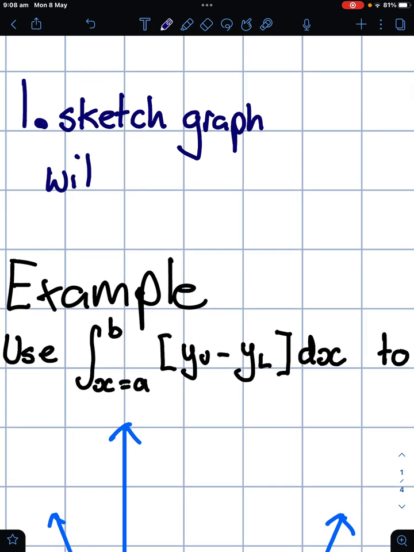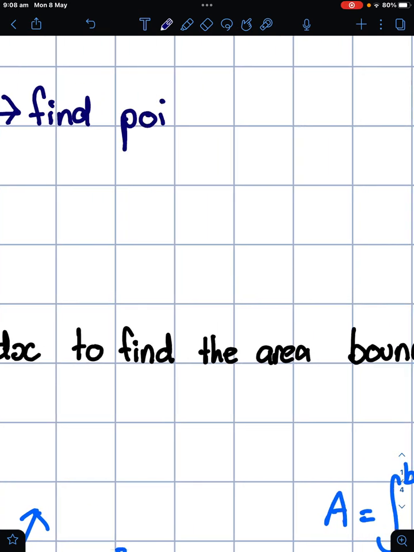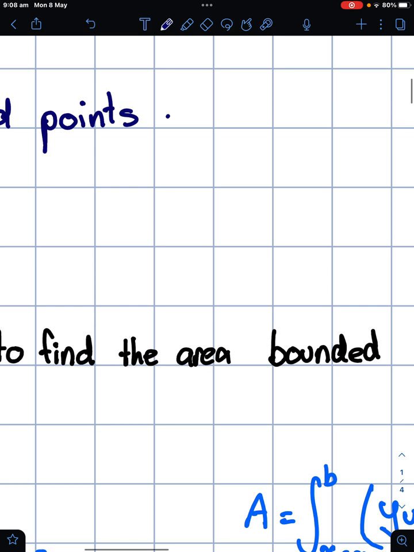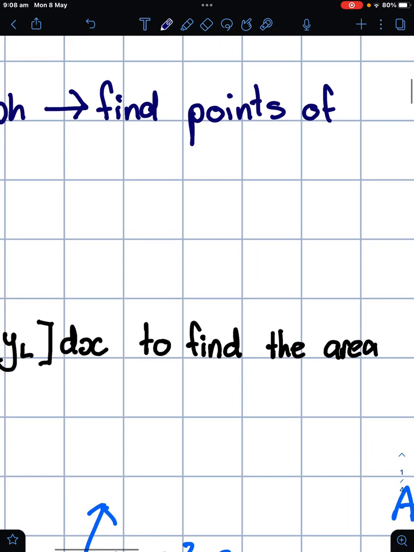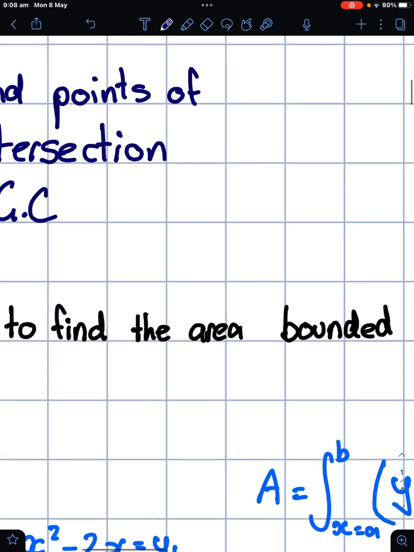With our graphics calculator, so with GC. Find points of intersection, and that's with the graphics calculator as well.